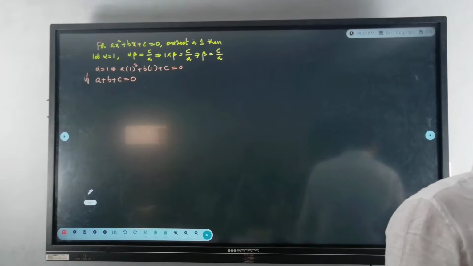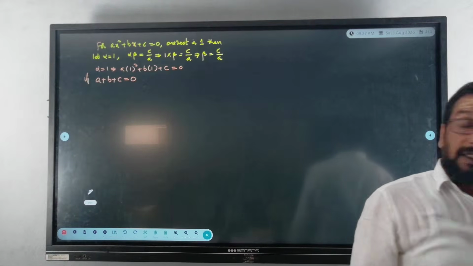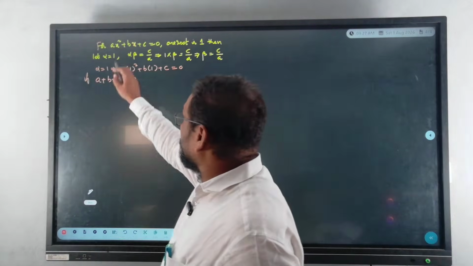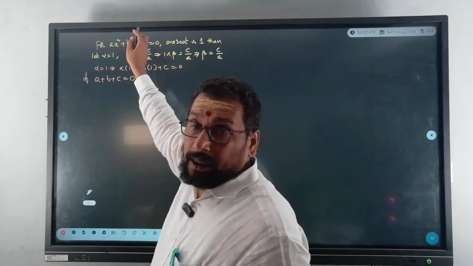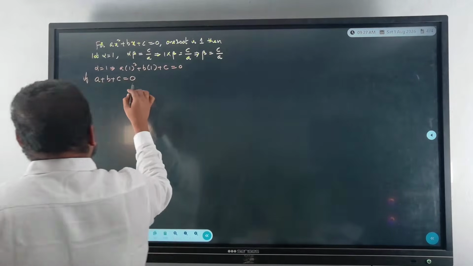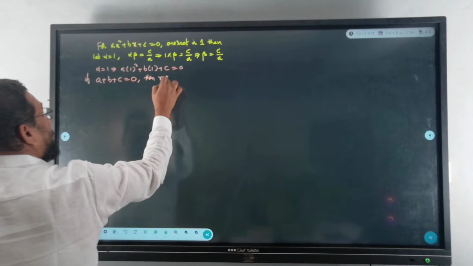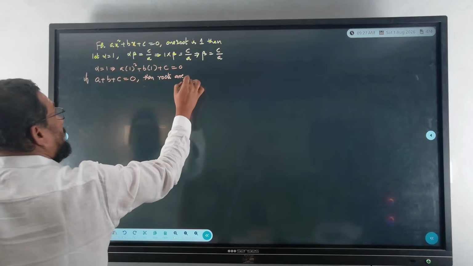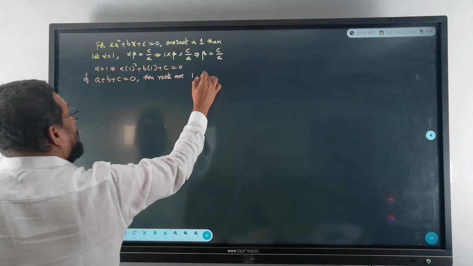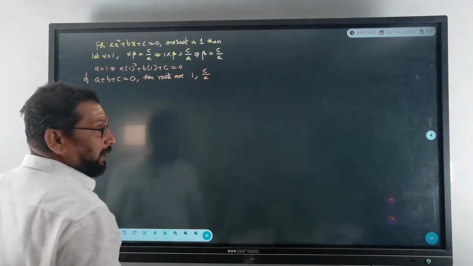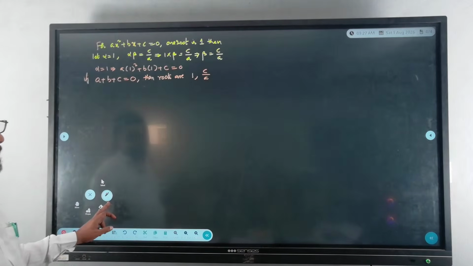Here a plus b plus c means the sum of coefficients, where a, b, c are coefficients. Then the roots are alpha 1, beta c by a.